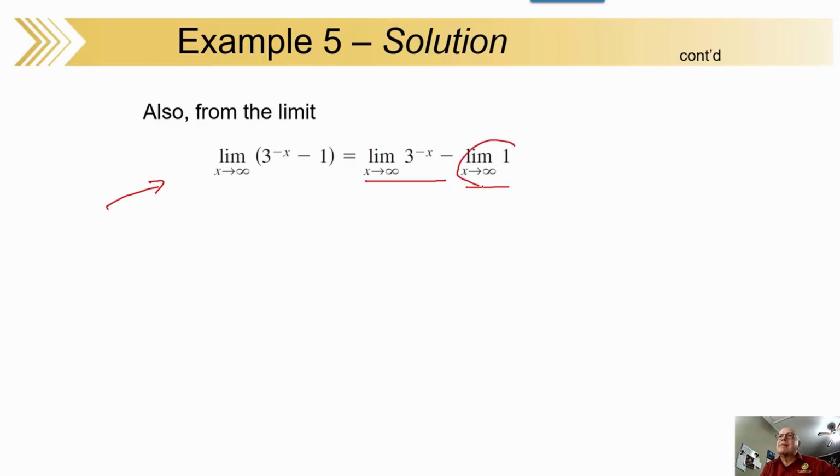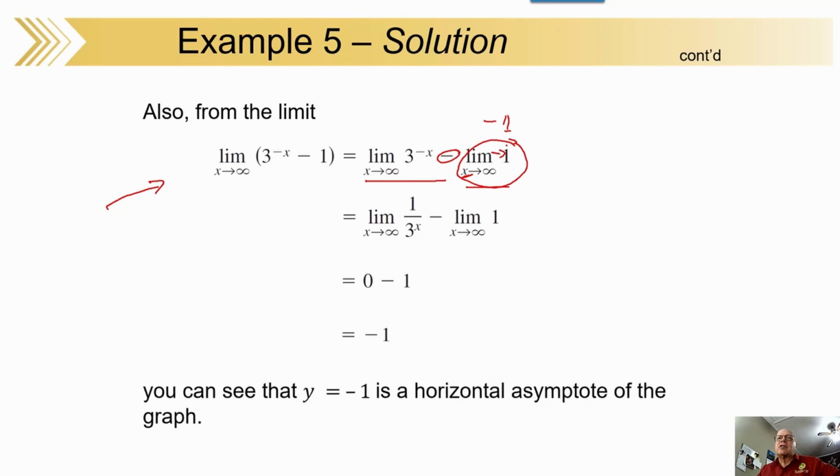Of course, the constant isn't affected by what x is doing, so this is just a minus 1. The 3 to the minus x, rewrite as 1 over 3 to the x, and you got your answer.